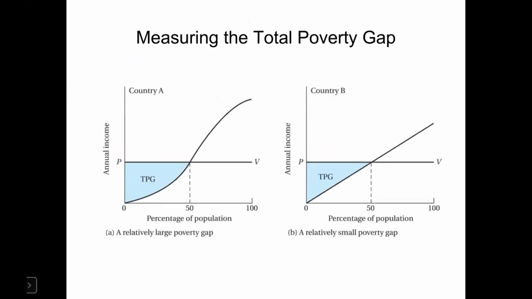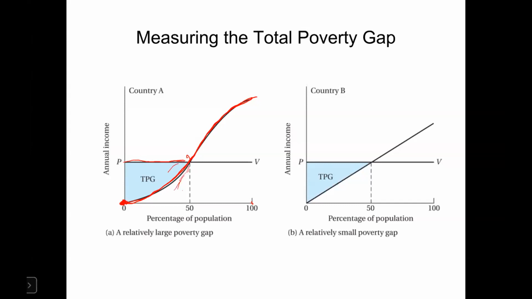Now we can have a graph to understand. This line is income. Sorry, this is not a log curve. This is the distribution. This is the poorest person, this is the richest person, and then their income. And then we have a line to define poverty. If you are below it, then you're considered poor.